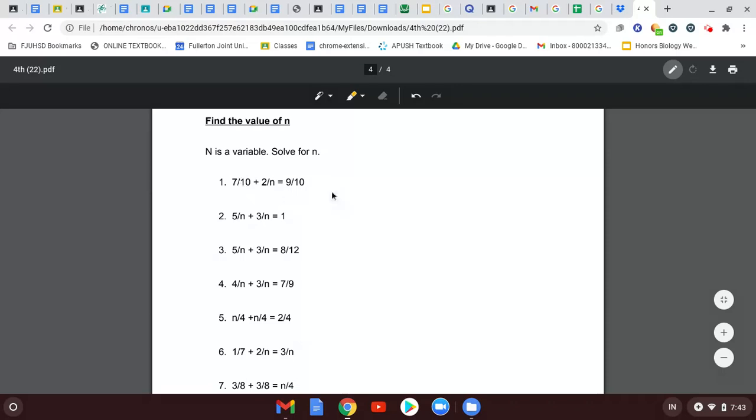Okay, so 7 over 10 plus 2 divided by n equals 9 over 10. Okay, so first we want to get n by itself. And the way we can do that is we subtract 7 over 10 on both sides. So this will cancel out, and subtracting the 7 over 10, right, that would make it 2.